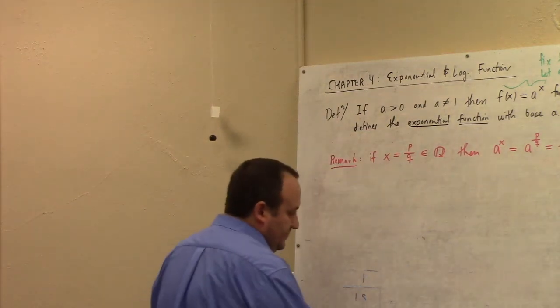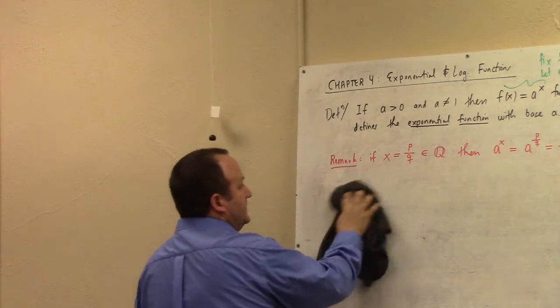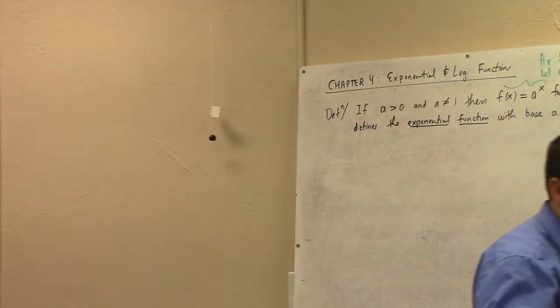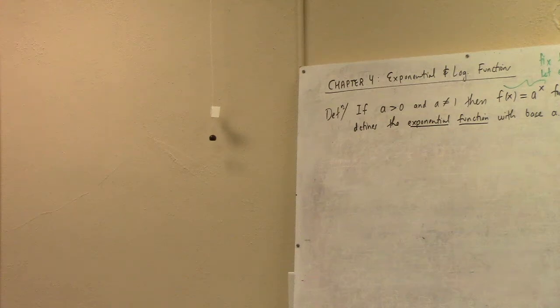Now this is built into your calculator, right? If you look at your calculator, you should find a built-in button for e. Mine has e to the square. It's a built-in function.